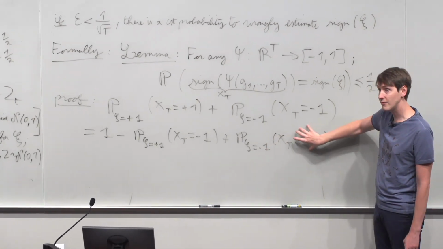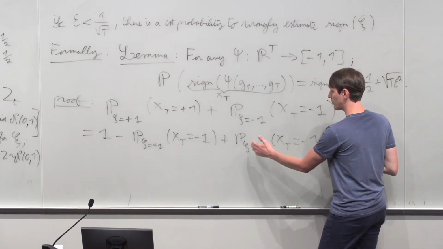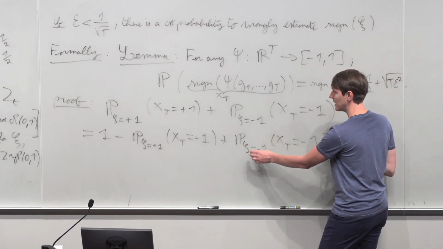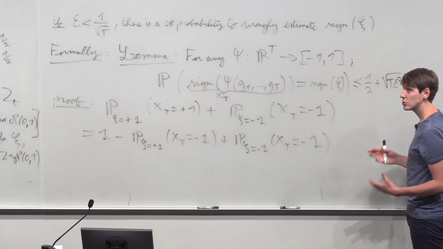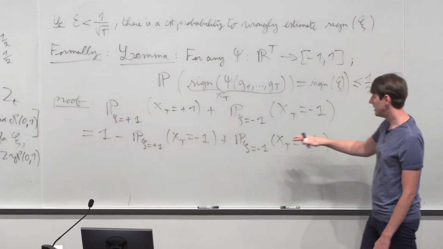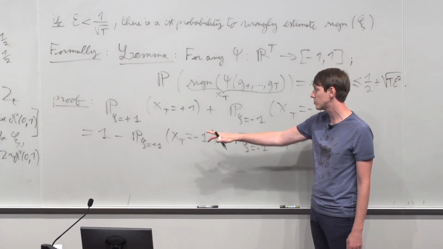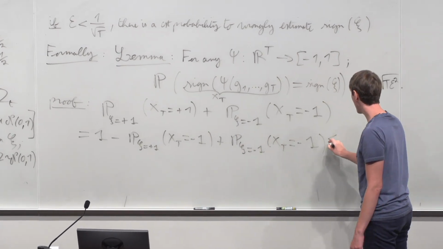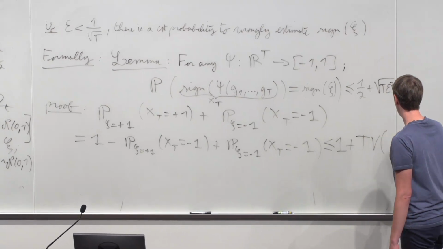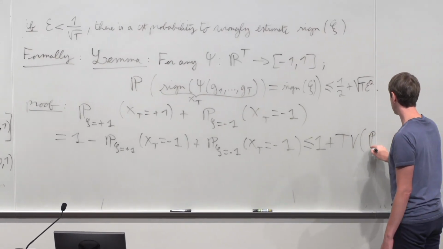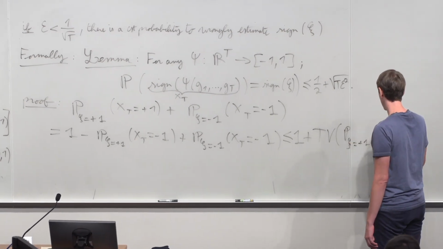So I'm looking at this event, the event that my xt is minus 1, and I'm looking at just the difference of probability between this event when xi is minus 1 and when xi is plus 1. This, by definition of the total variation distance, is upper bounded by the total variation distance between the probability when xi is minus 1 and the probability when xi is plus 1. So this is upper bounded by 1 plus the total variation distance between this measure, the probability when xi is plus 1, and the probability when xi is minus 1.